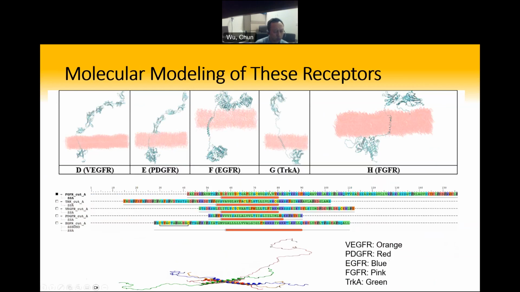And that's what we found. If you cut those portions, you can see their sequences are much more diversified, except the transmembrane portion, and their lengths are very different. So this provides another piece of evidence supporting our model.